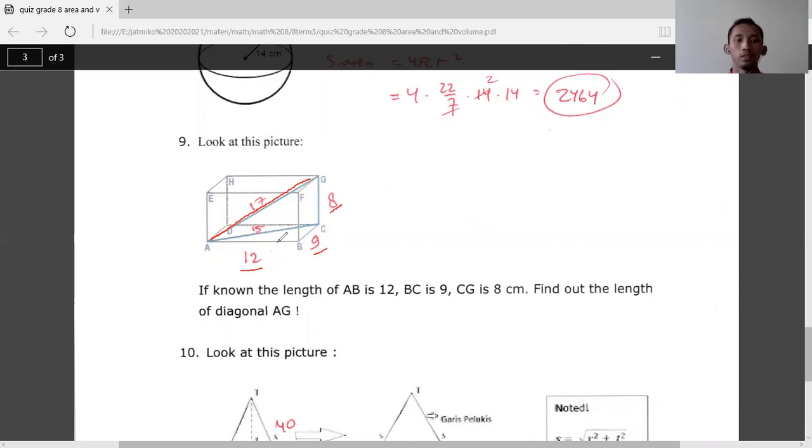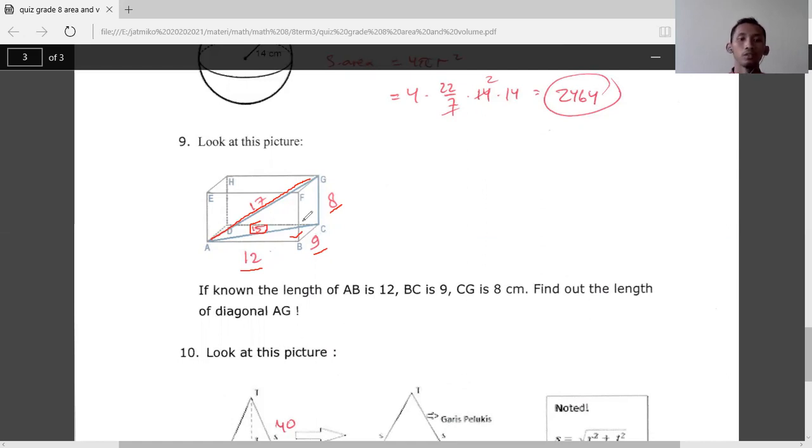This one is a right triangle, so this is the hypotenuse. 12 squared plus 9 squared gives 15. If you know the Pythagorean triples, like in the previous number, 3, 4, 5 times 3 gives 9, 12, 15. That's it.